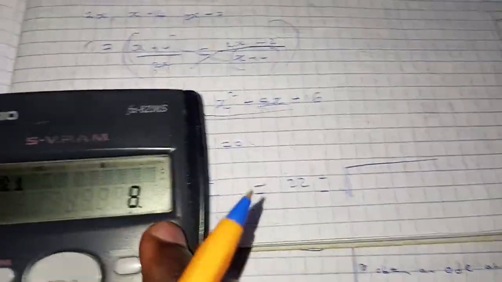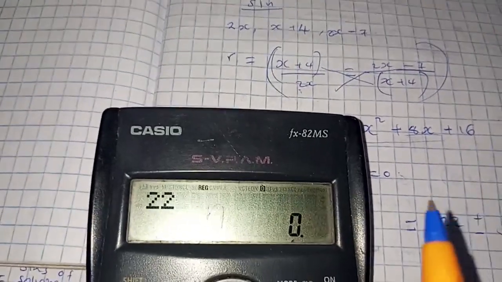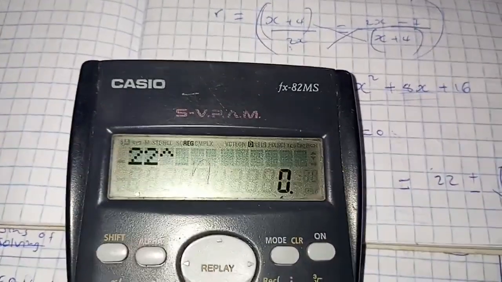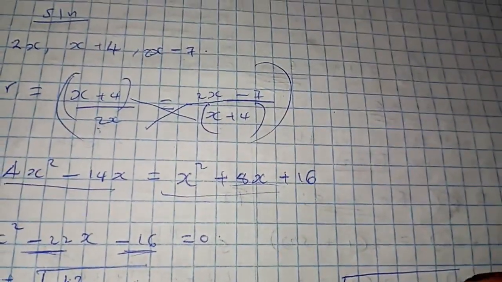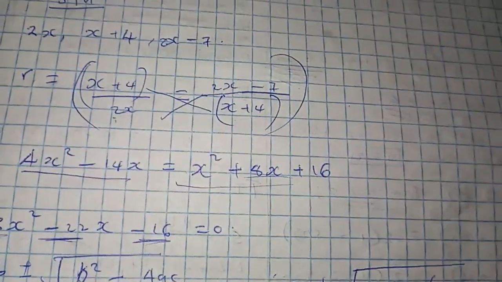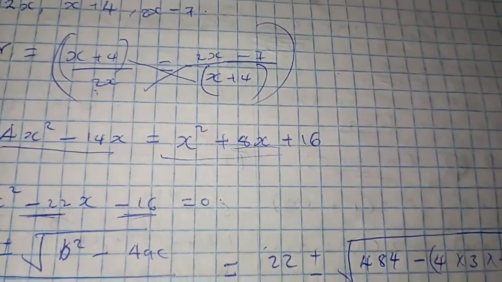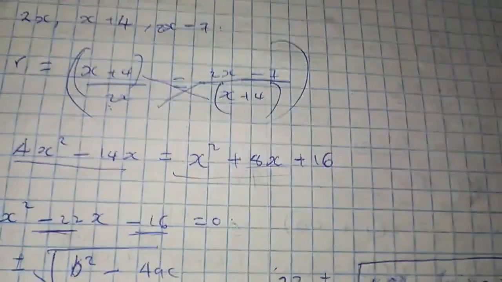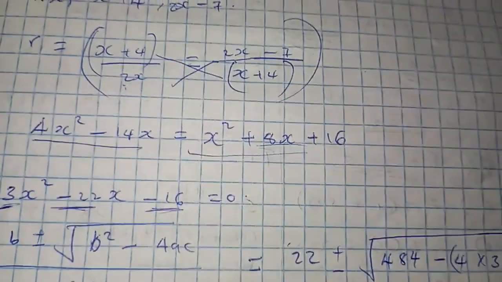So b squared is 22 squared, this is 484, minus 4 times a, 3, times c, which gives us negative 16, divided by 2 times a, this is our a, 3.